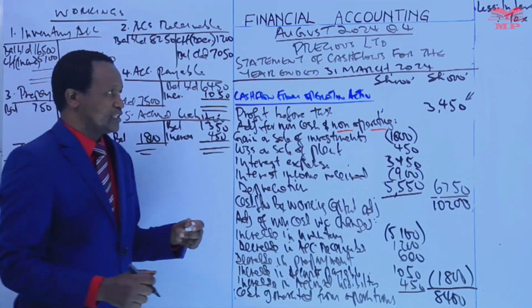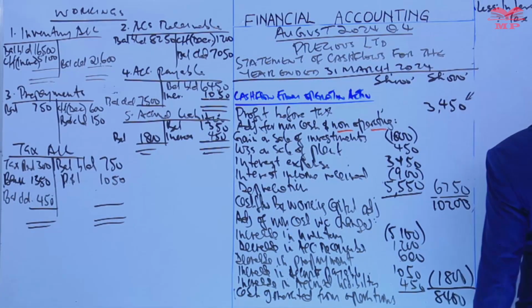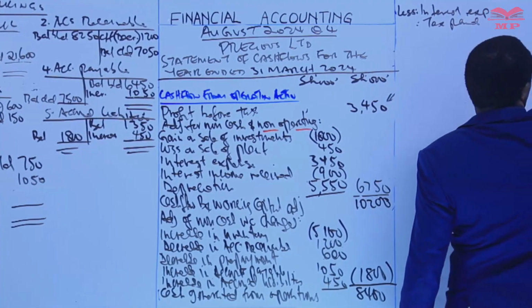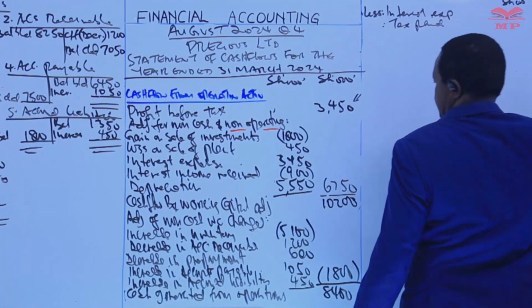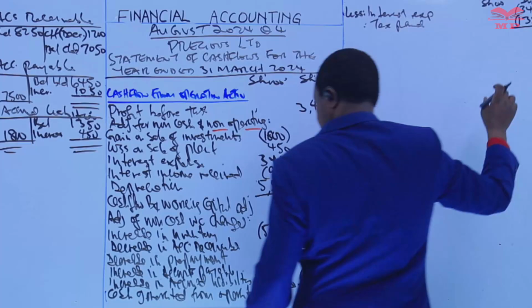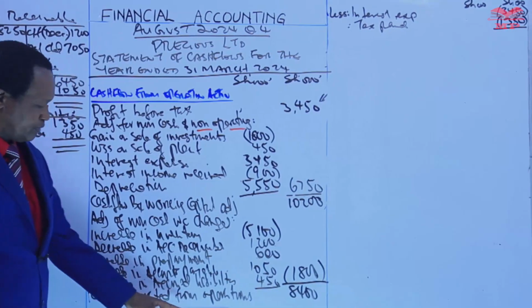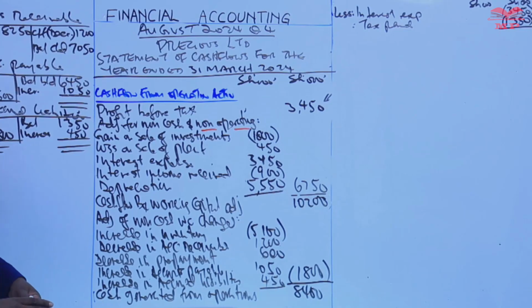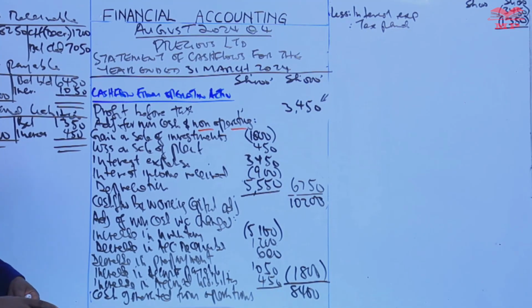Now, when you pay tax, is it an inflow or an outflow? 1350 is an outflow. So we deduct these two items from the cash generated from operations, and that will be the net cash flow from operating activities.